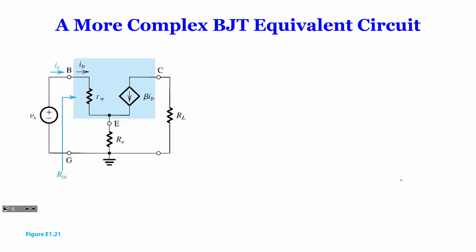This is one of the problems, especially in the beginning of this class. Students say, let's say input is 10 volts. I'll give you an example right away, and I'll ask you what's wrong with it. So a student says, okay, R pi is 5K, and RE is also 5K, and we have Vx equal to 5 millivolts.